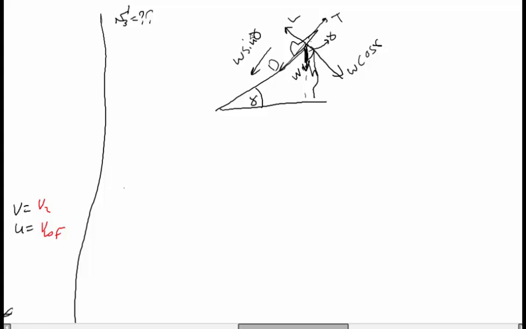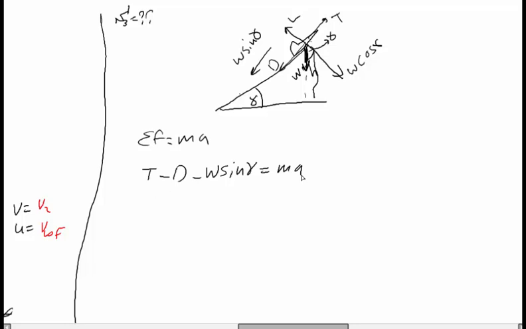Now we use Newton's second law of motion. The summation of force will be equal to mass times acceleration. So thrust minus drag minus w sine gamma will equal mass times acceleration.